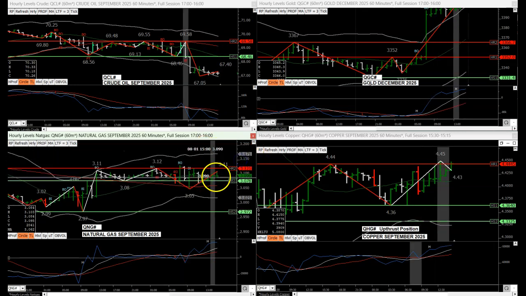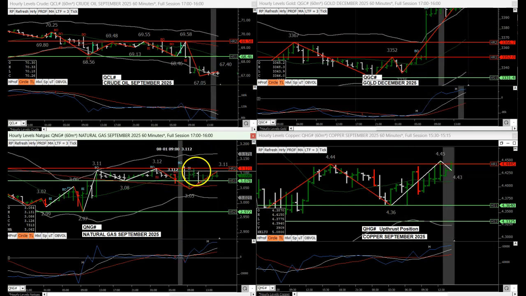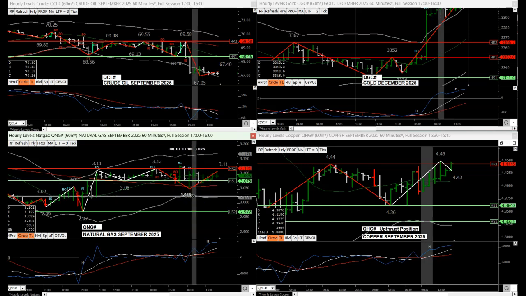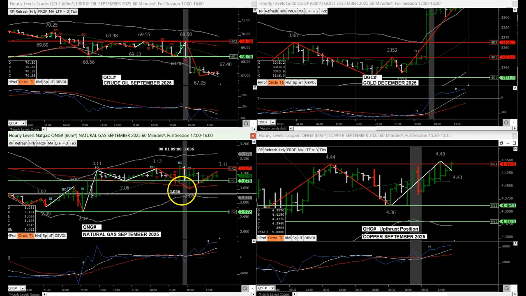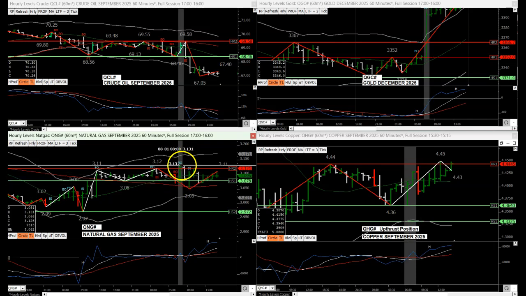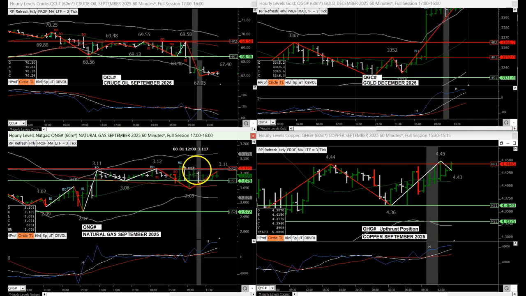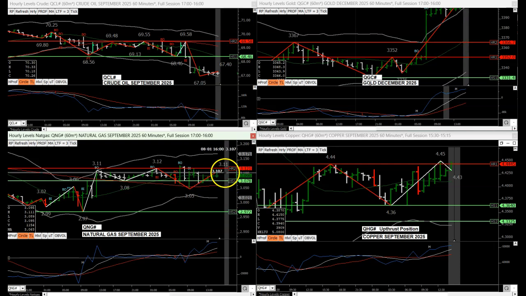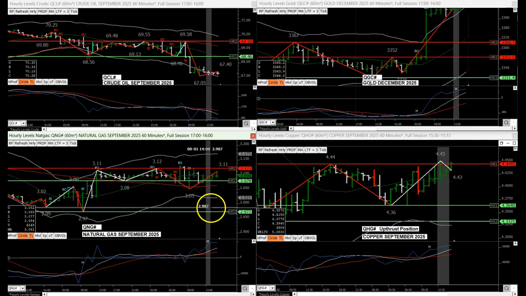Now you see over here, there's consolidation. First thing you want to see is that green to red ratio. So in the consolidation, let's start off here. Green, red, green, green, red, green, green, green, green, green. There's 1, 2, 3, 4, 5, 6, 7 green and 2 red. 7 to 2.